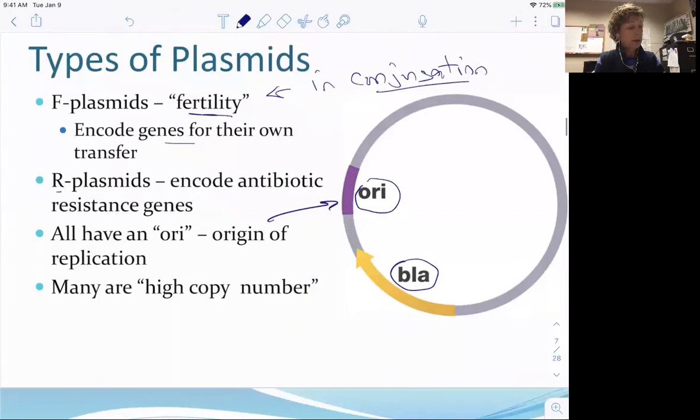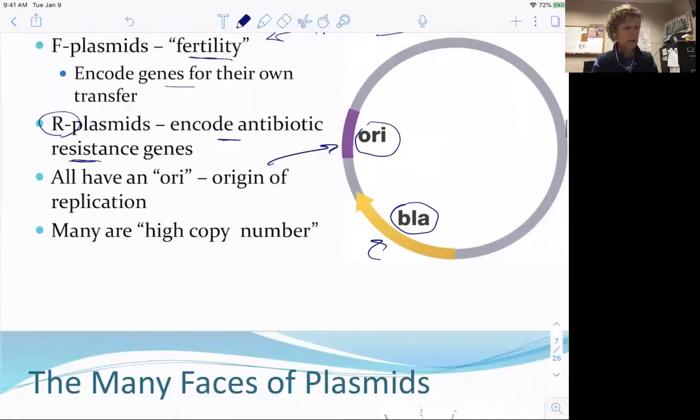What we call R plasmids have resistance genes that are usually for antibiotic resistance. And one example is the one in the pGlow plasmid. It actually has one of those genes, and its abbreviation is BLA, which stands for beta lactamase.